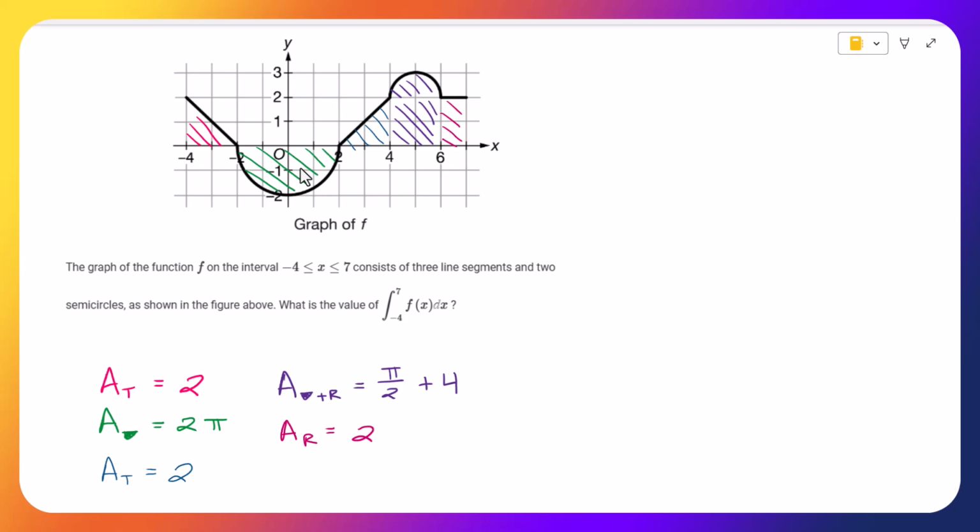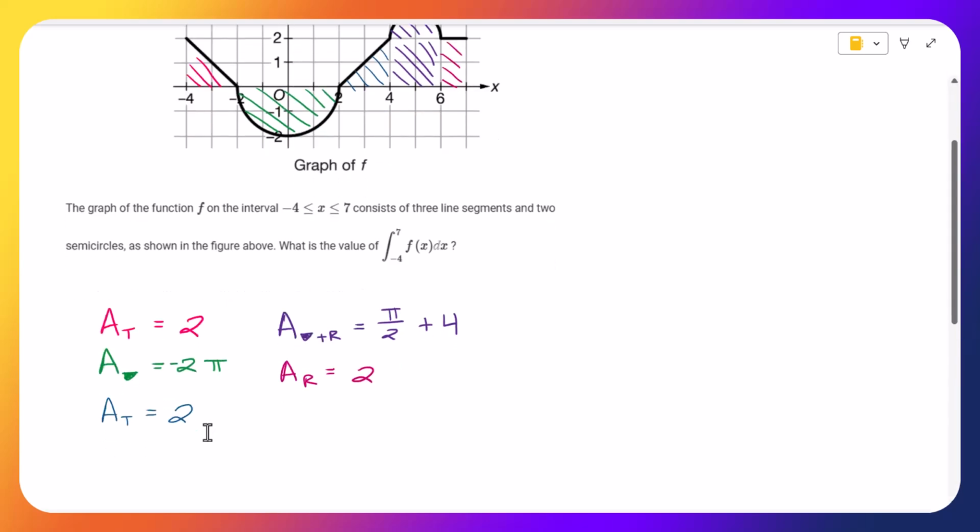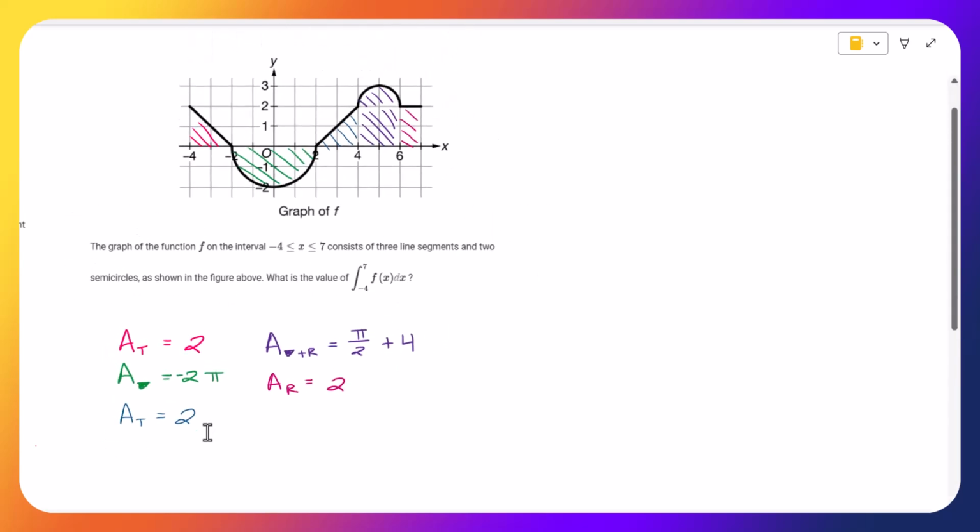So we're going to do something weird, and we're going to say that this area underneath the x-axis, we're actually going to call negative. This area underneath here is going to be negative 2 pi. And now we're just adding up all our areas.